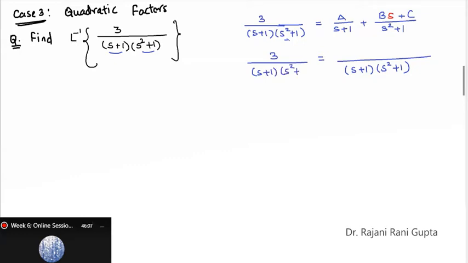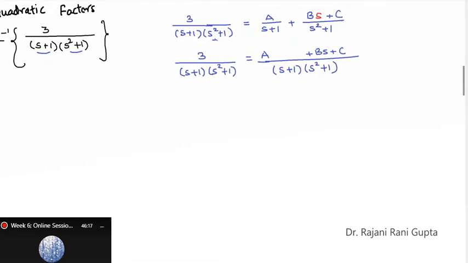So yes, it is. Now we look for the terms with A and to be multiplied with Bs plus C. As I explained before, to get those terms, we multiply both A over s plus 1 and Bs plus C over s square plus 1 with the denominator s square plus 1.